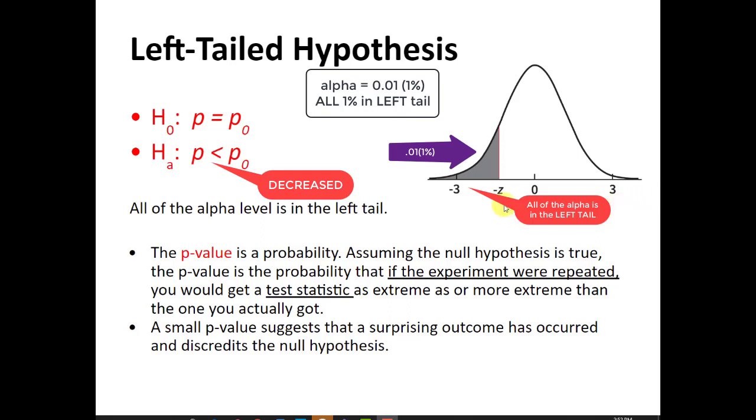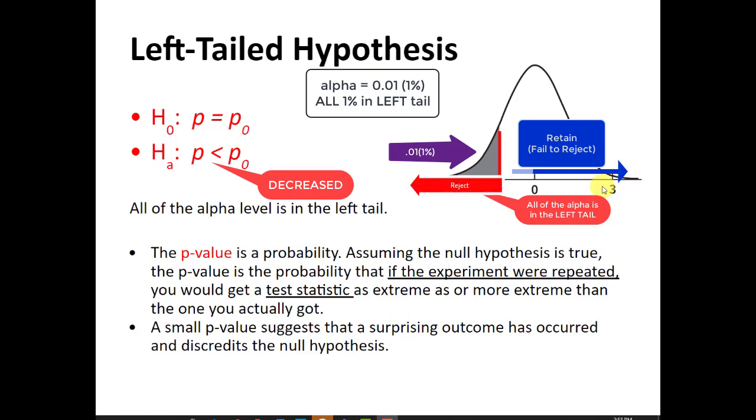And my Z-crit is going to be right here, marking the area of rejection, so that I know that anything less than this Z-crit will be the area of rejection, and anything more than that Z-crit is going to be the area of retention. So if I get a test statistic that's less than my Z-crit, I'm going to reject. And if I get a test statistic that is greater than my Z-crit, I'm going to retain.